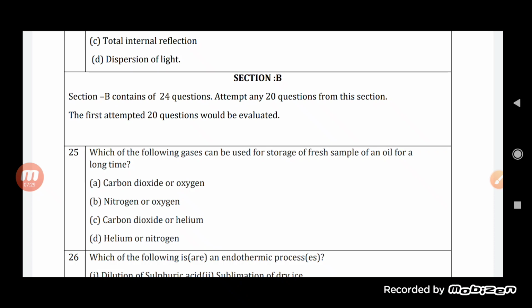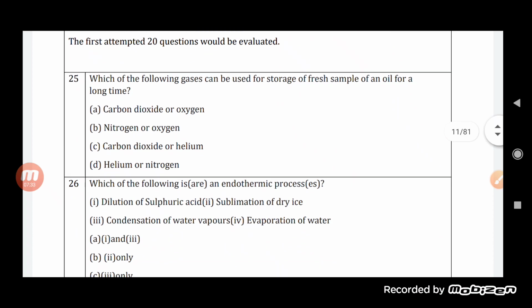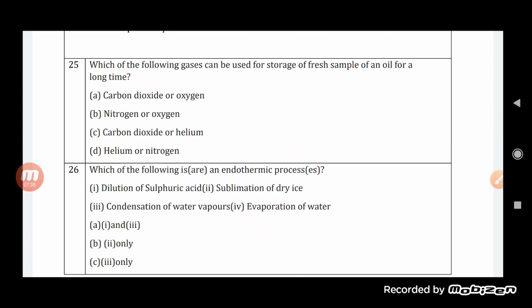Now moving on and seeing section B questions. Which of the following gases can be used for storage of a fresh sample of an oil for a long time? When you look at the gas used for the storage of a fresh sample of an oil for a long period of time, it must be unreactive.